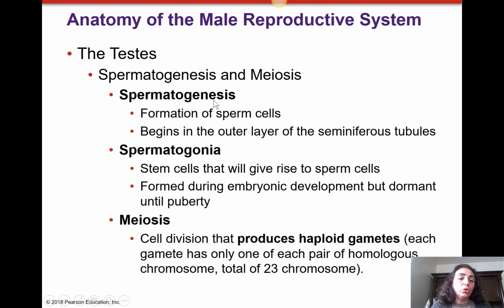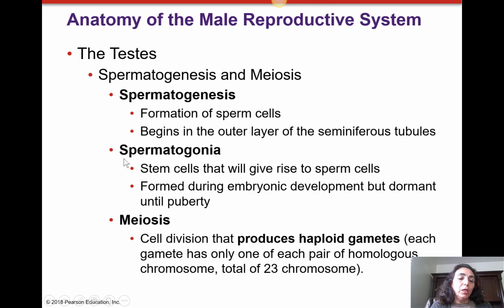So spermatogenesis is the formation of the sperm cell, genesis of the sperm, right? That begins in the outer layer of the seminiferous tubule. As you remember, it's a tubular capsule, right?